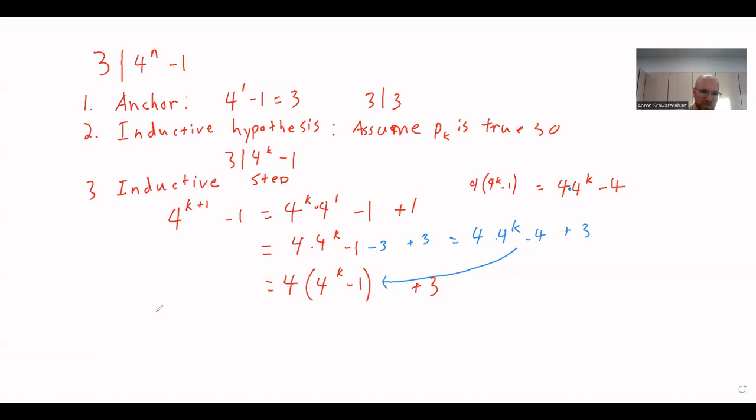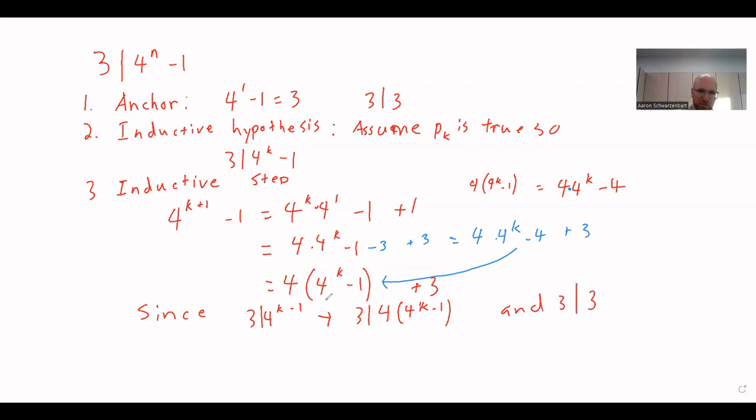Now, since 3 divides 4^k minus 1, 3 will divide, no, 3 will divide 4 times 4^k minus 1, because it's just 4 times some factor. And 3 divides 3.